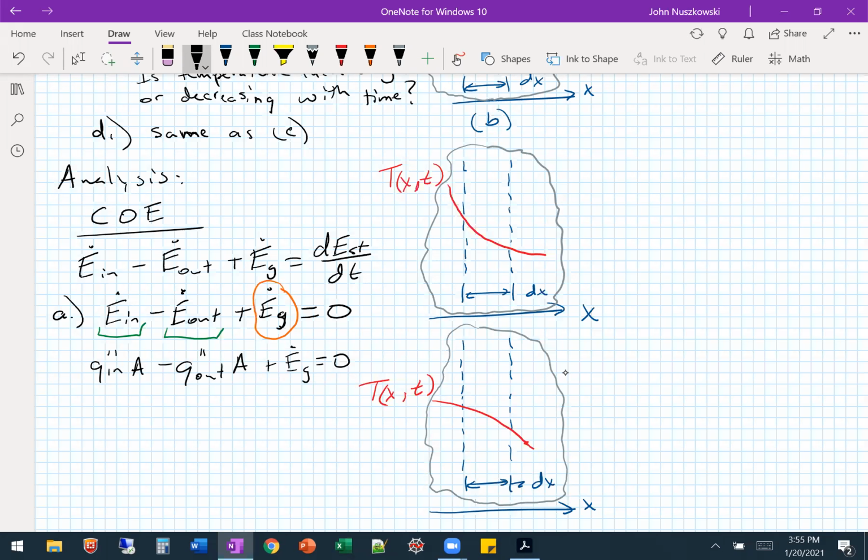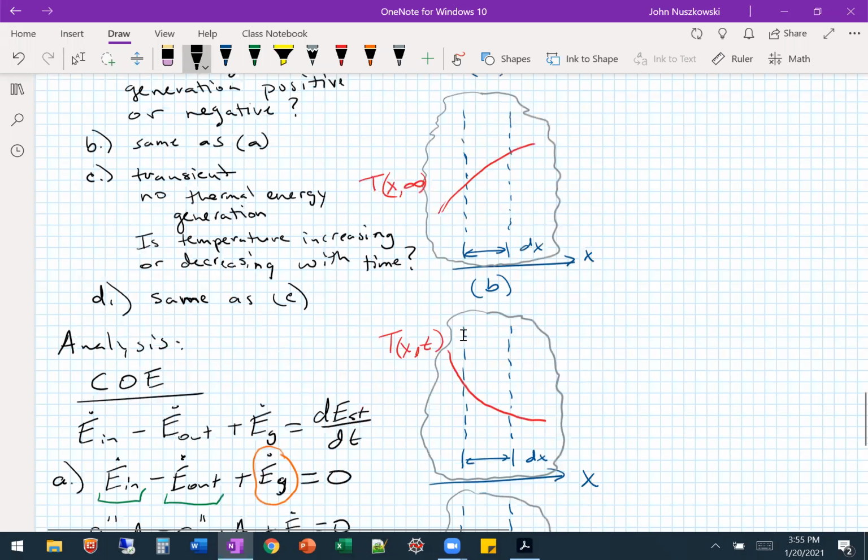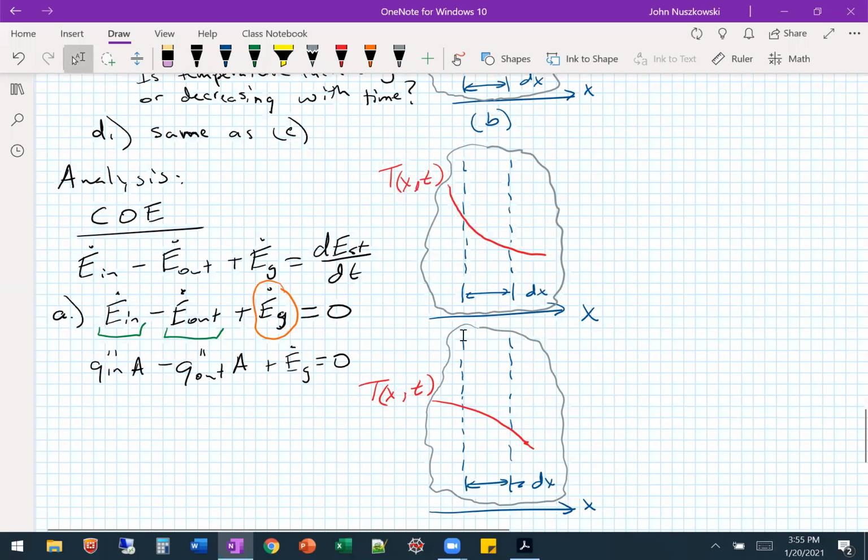Okay, so if we said the slope is greater for the right side, does that mean the heat flux in is greater than the heat flux out, or less than? Is the heat flux in greater than the heat flux out, or is the heat flux out greater than the heat flux in?